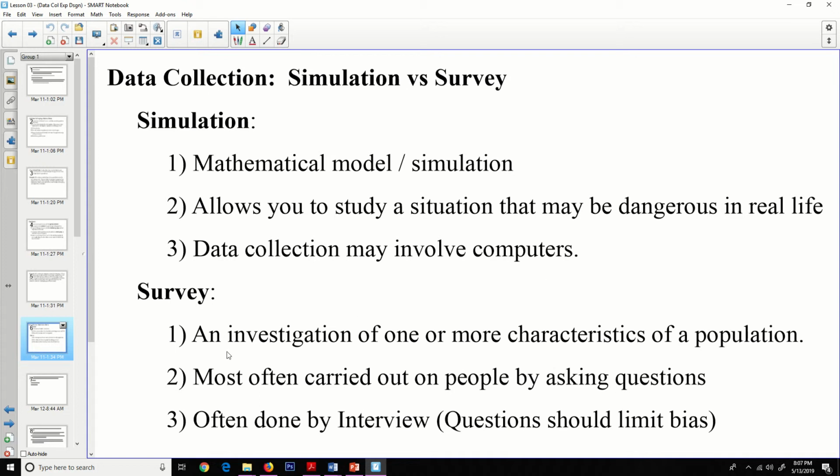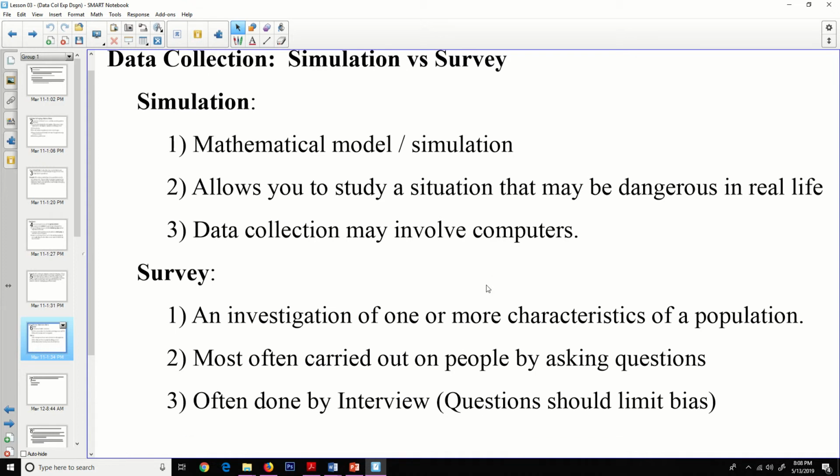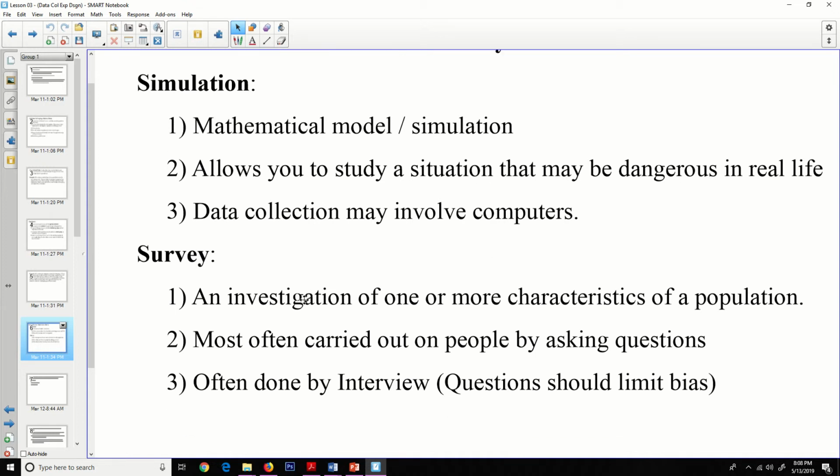In a survey, we're talking about an investigation of one or more characteristics of the population. This is most often carried out by people asking questions, often by interview. And when you're writing your questions, you should limit your bias. There are certainly a lot of ways that you can ask a question that has a bias in it.